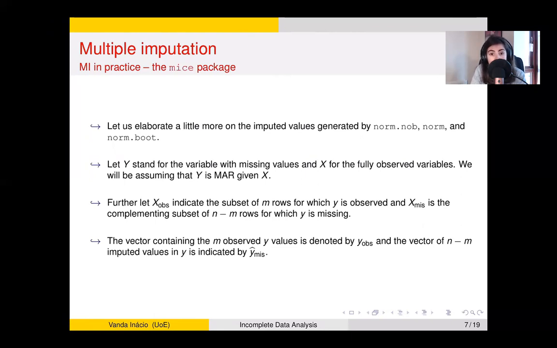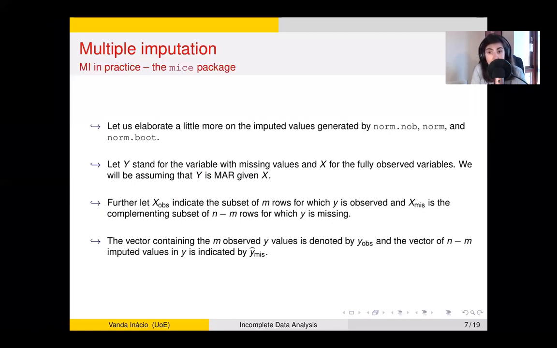So let me introduce some notation. Let y stand for the variable that has missing values and x for the fully observed variable. We will be assuming that y given x is missing at random. So the methods that we are using in mice need to assume missing at random. Let us denote by x observed the subset of our dataset composed by m rows for which y is observed.